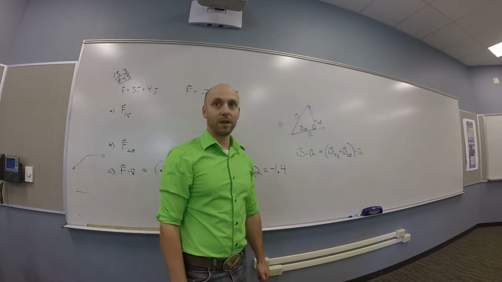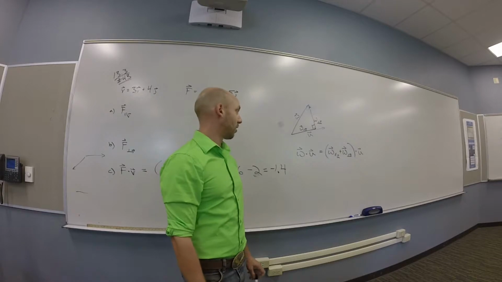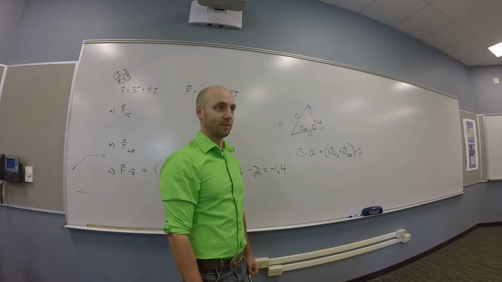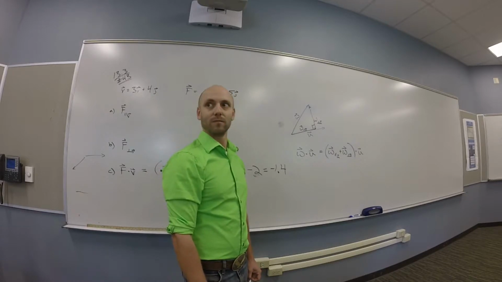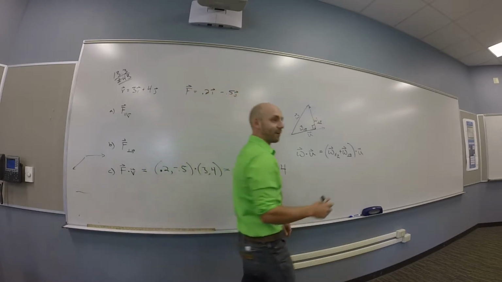You guys all good with that idea? Did I tell you dot products distribute like multiplication? I believe it was in our book. It is in your book. I can't remember whether I said that or not, but they do.